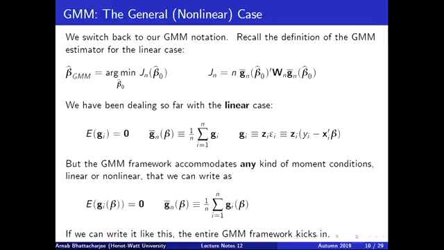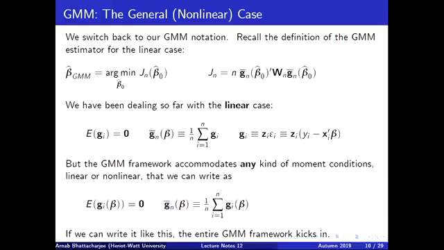Okay, back to GMM then. This is the general nonlinear case. Now I'll point out only the major differences from the linear case. The estimator is similar, so there is an objective function here, the minimum distance objective function, which is like this.